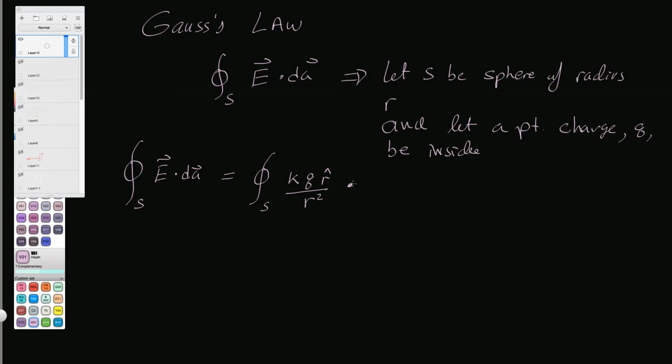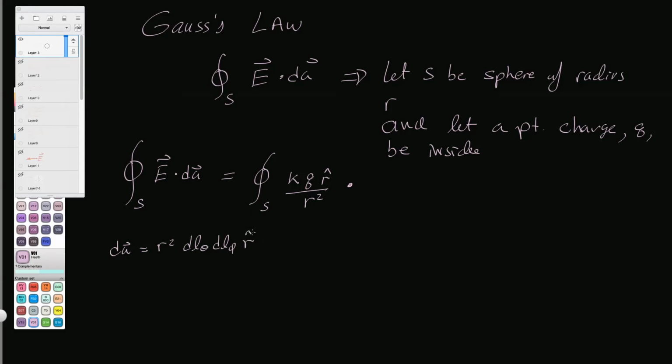In this case, this is a sphere. So remember what the dA vector is going to be. We are not changing r because we are just going on the surface of that sphere. So this is going to be r squared sine theta d theta d phi, and it's in the r-hat direction because the r-hat direction is perpendicular to the surface.